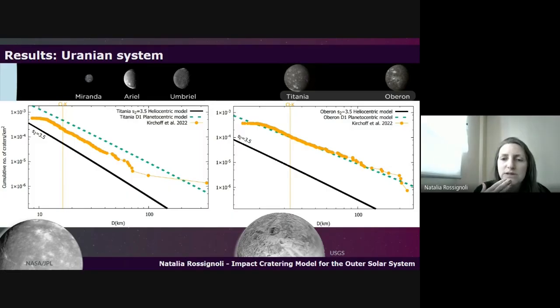So this is interesting because if we ever go back to this system, we hope we do, we might see some undiscovered satellites that are very small, so they are very difficult to observe from Earth, but it's very interesting that there may be some undetected satellites orbiting in some resonances in this system. So we are still looking into it to see if this can survive for the whole solar system age, but it may be an interesting aspect to keep on studying.